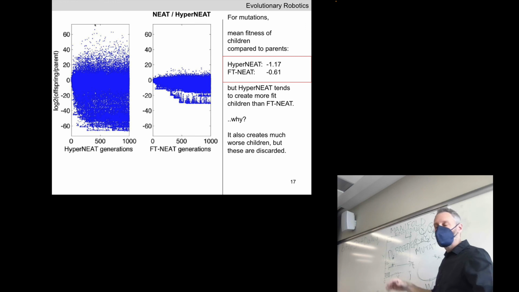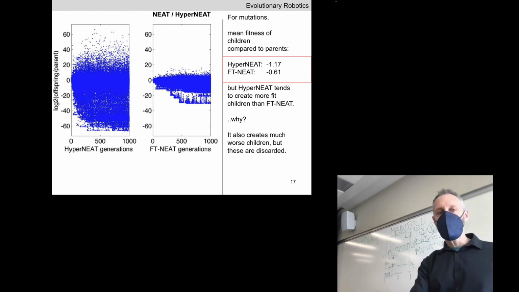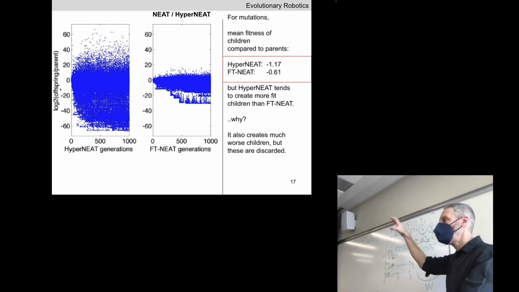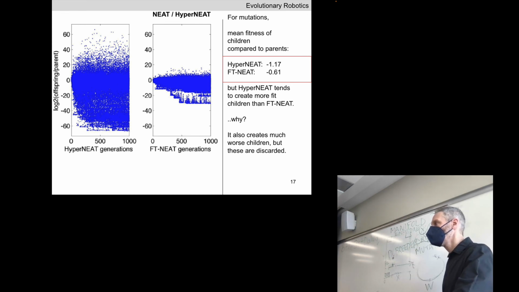We now have two CPPNs, and we have two corresponding fitness values, the speed of the robot. So far, so good? The height of each point represents the difference in fitness between the parent CPPN and the child CPPN. So far, so good?